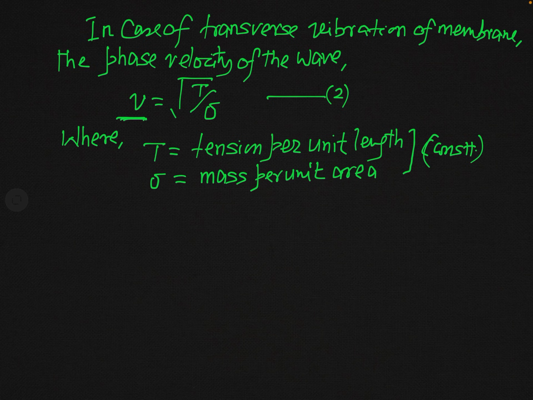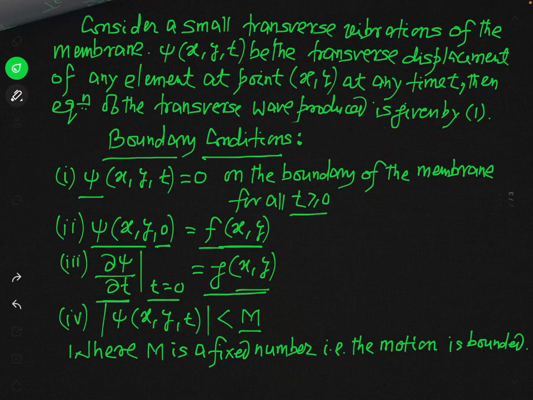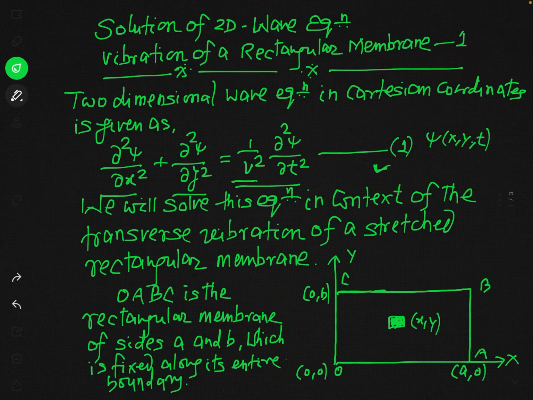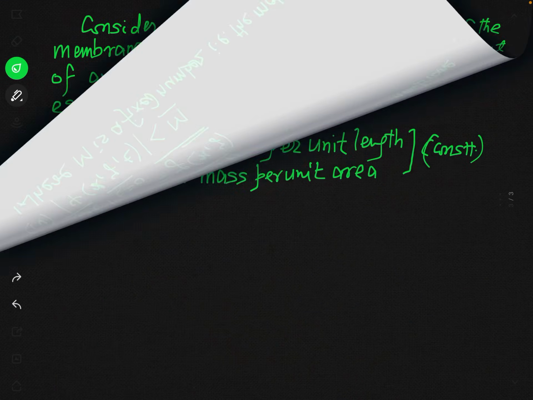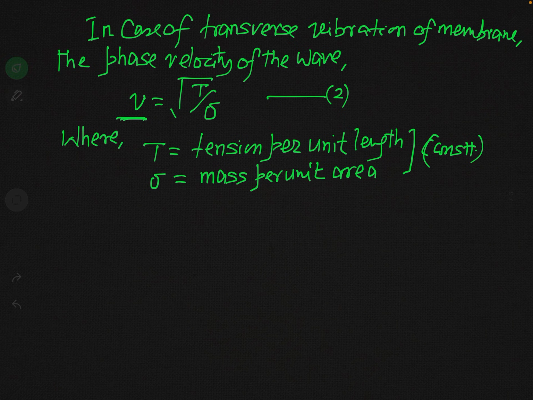Now our aim is to solve the two-dimensional wave equation, which I have defined in equation 1. As you can see, this function psi is a function of three independent variables, x, y, and t, and the equation is a second order partial differential equation.